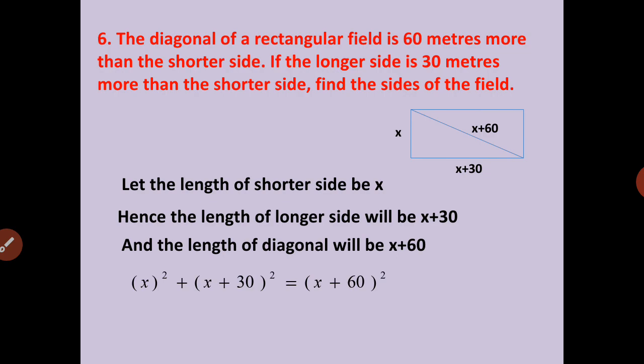It will tell you that x square plus (x plus 30) whole square equals (x plus 60) whole square. Open the brackets, use the identities for that, and you will get a quadratic equation. When you solve the quadratic equation, you will get the shorter side to be equal to 90 meters and the longer side to be equal to 120 meters.